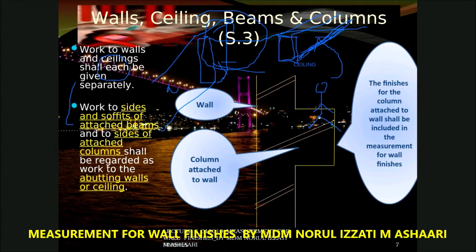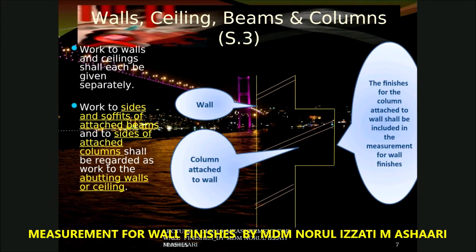Column attached to the wall must be measured under measurement of the wall finishes. So if I show this one in the layout plan, in the layout plan you can see this is the wall, and then this is actually the column. If I show you from the top view, this is actually the column. So what happened to these surfaces?